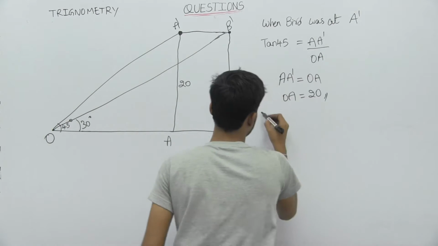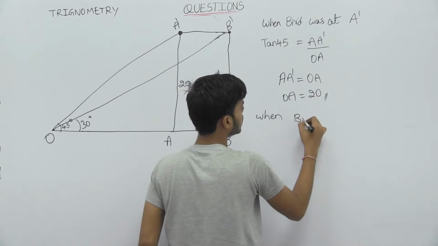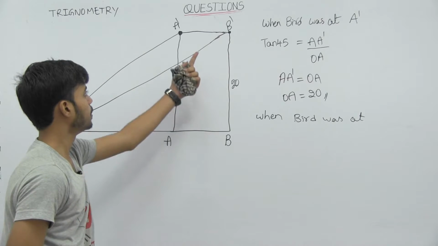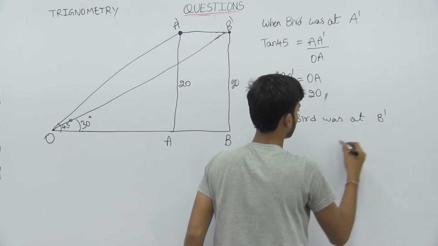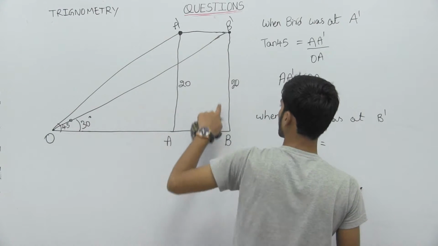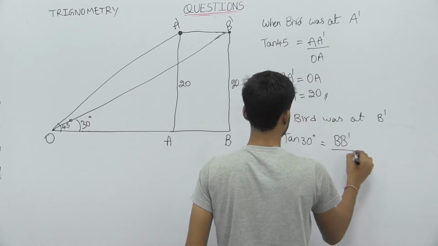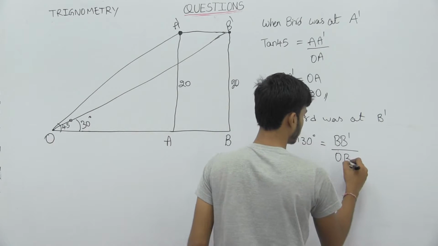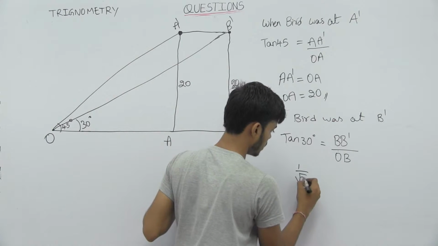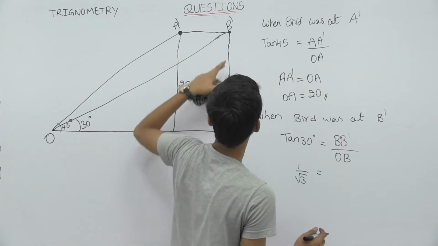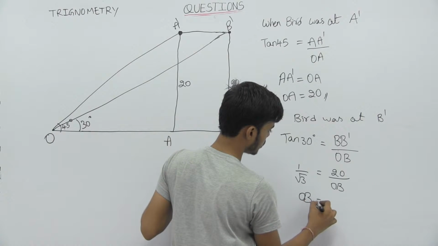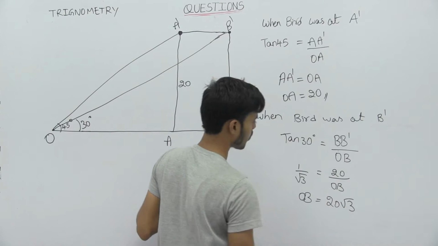Now when bird was at B dash, tan 30 is equals to BB dash by OB. We know tan 30 is equals to 1 by root 3, and BB dash is also 20 by OB. So OB is equals to 20 root 3.